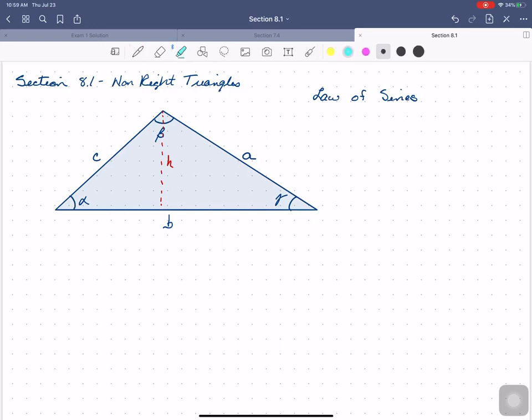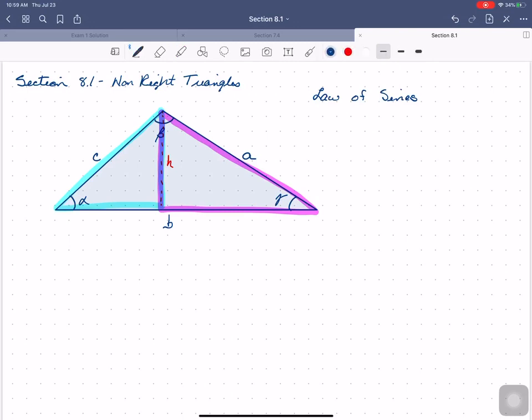I've got a right triangle here, and I have another right triangle here. The thing they share is that vertical that I dropped.